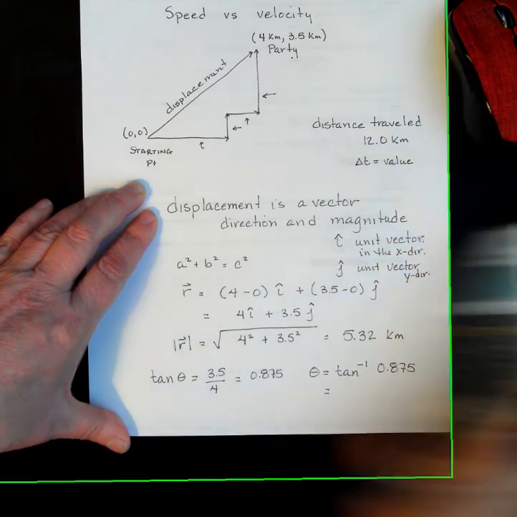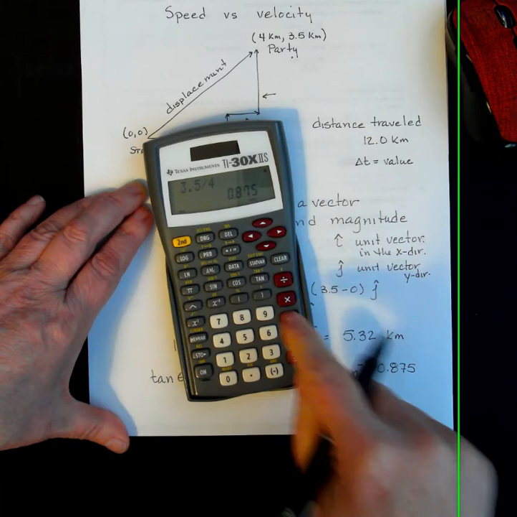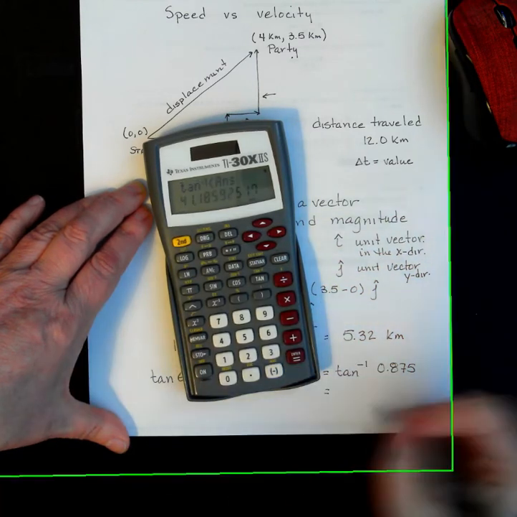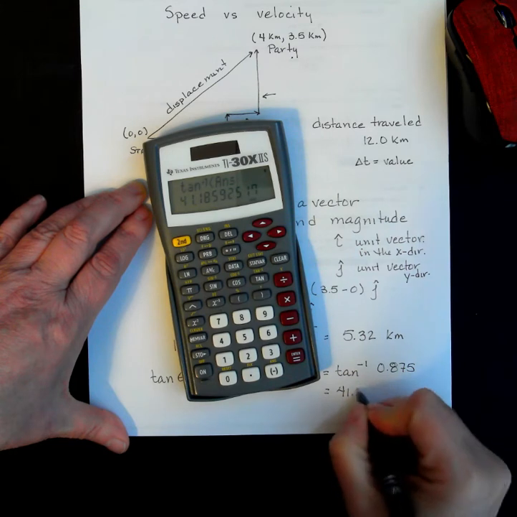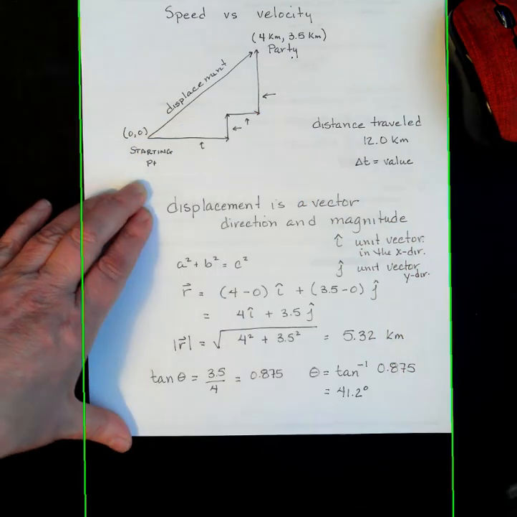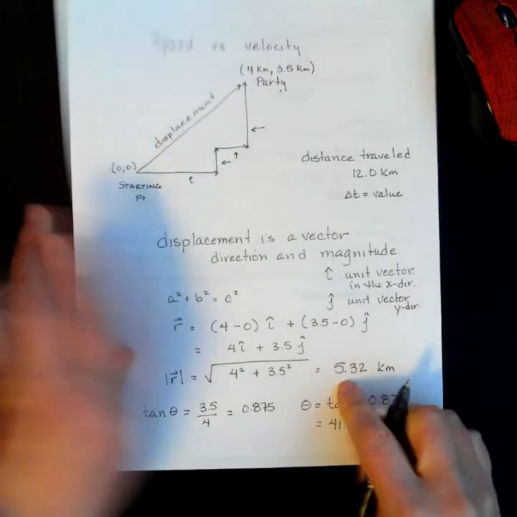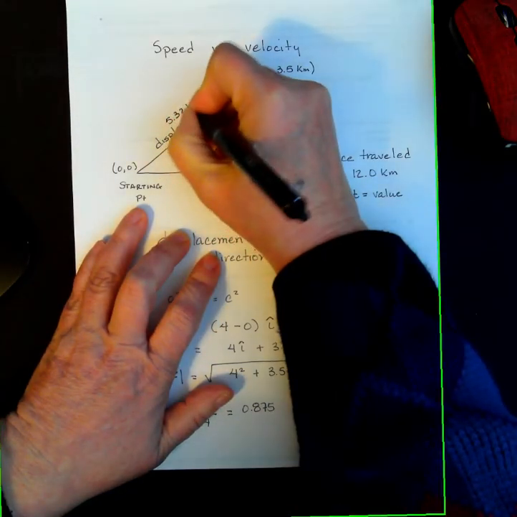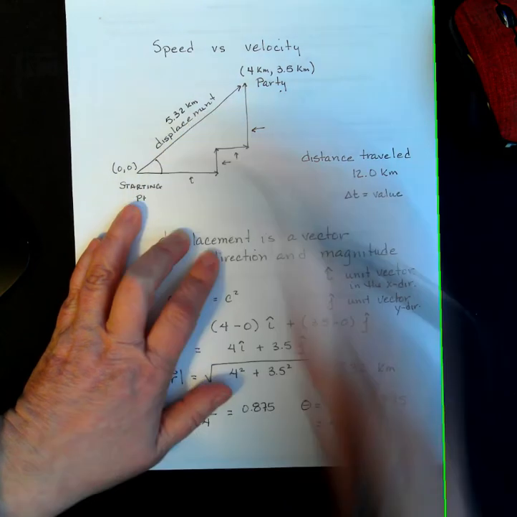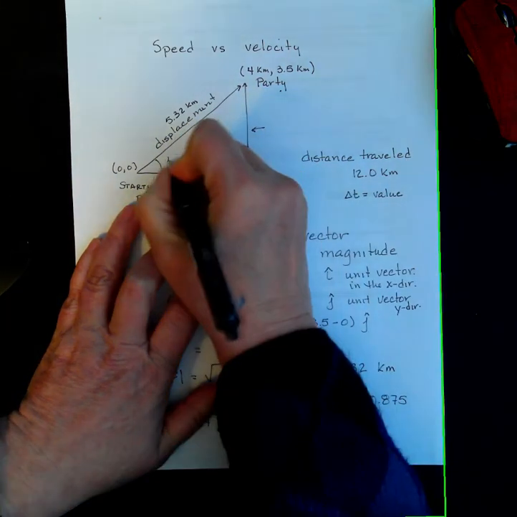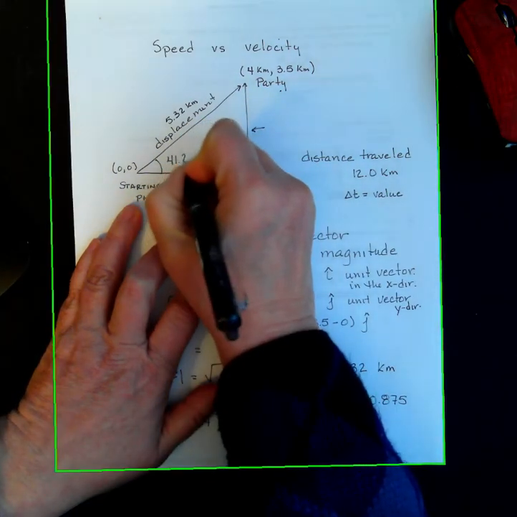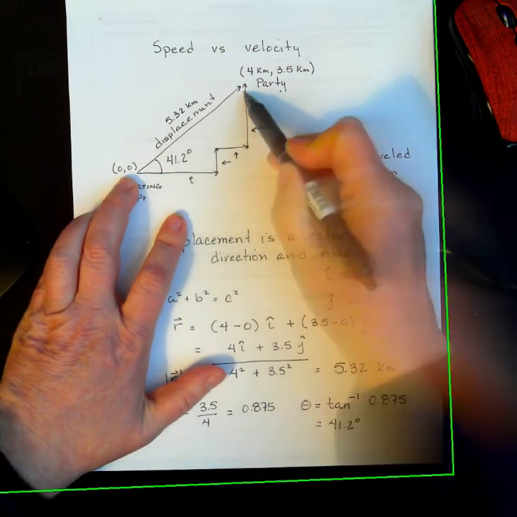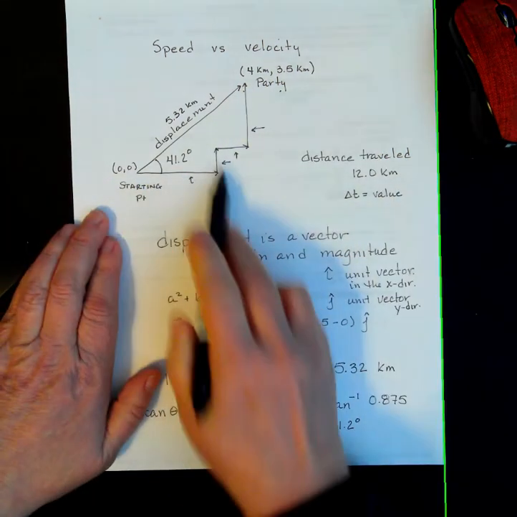And that is going to give me 41.2 degrees. So the displacement is 5.32 kilometers. Our direction is given by this angle, and that's 41.2 degrees. And this would be the distance as the crow flies versus the total distance traveled.